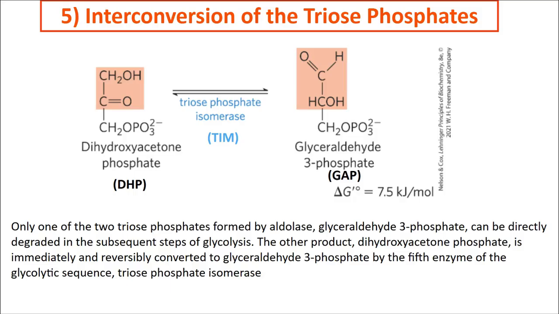Then we go into stage 5, which I was hinting at before, where when we have that dihydroxyacetone phosphate, it needs to be converted into that glyceraldehyde 3-phosphate. And the enzyme used for this interconversion of the triose phosphate is called, in short, TIM, but it's called triose phosphate isomerase.